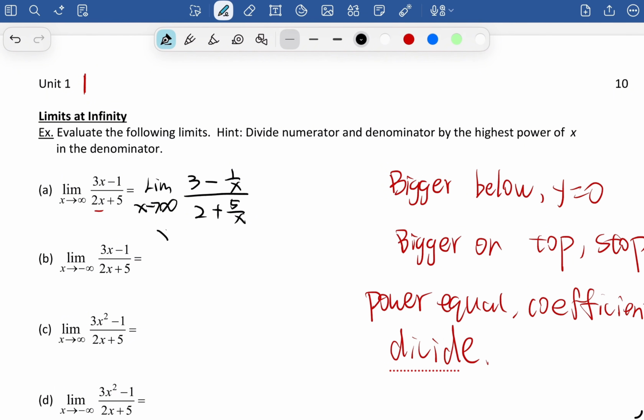And we plug x equals infinity in. 1 over infinity is going to be 0, so this is approximately 0. And the same thing with this one, this is approximately 0. So the whole thing will be 3 over 2. Again, it's the same thing for negative infinity, because 1 over negative infinity is still 0. So this will also be 3 over 2.